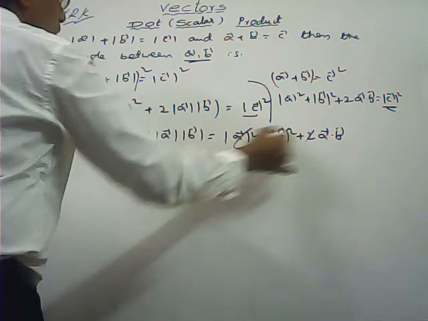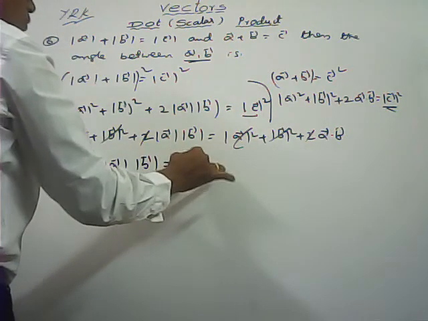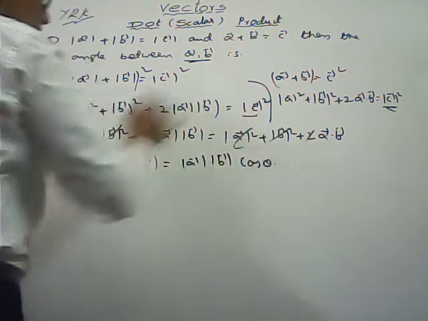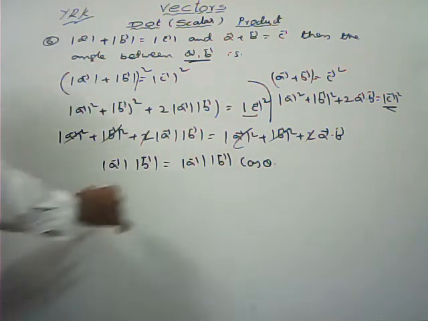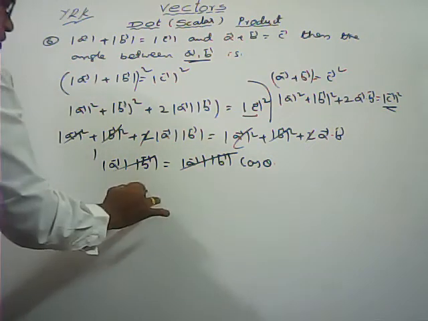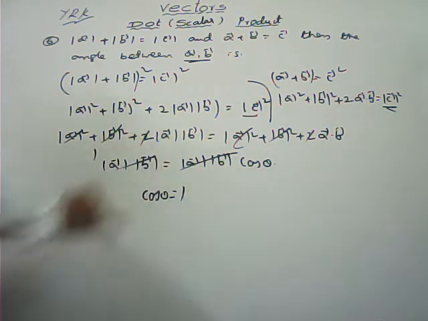A bar dot B bar, what is that formula? Modulus of A bar into modulus of B bar into cos of angle between the two vectors A bar comma B bar. So, here these two we can cancel, cos of theta, that is equal to 1. So cos theta is equals to 1 means theta is equals to 0 degrees. So both are collinear vectors, A bar comma B bar.